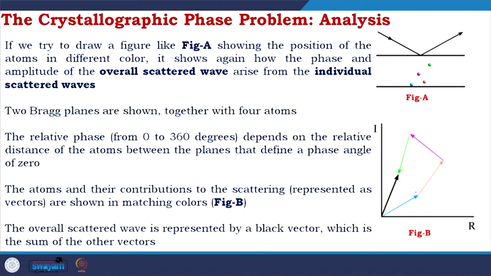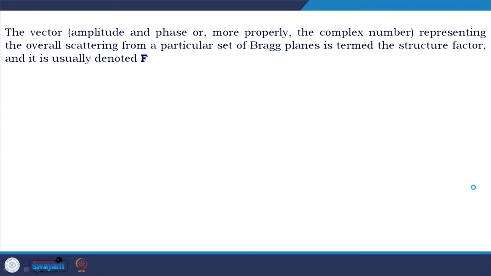The overall scattered wave is represented by a black vector, which is the sum of all the other atoms' vectors. The vector amplitude and phase, or more properly the complex number representing the overall scattering from a particular set of Bragg planes, is termed the structure factor. It is usually denoted as F in bold, because it is bold to tell you this is a complex number.